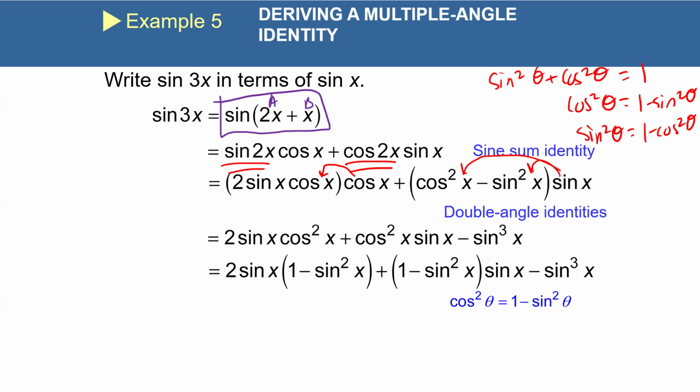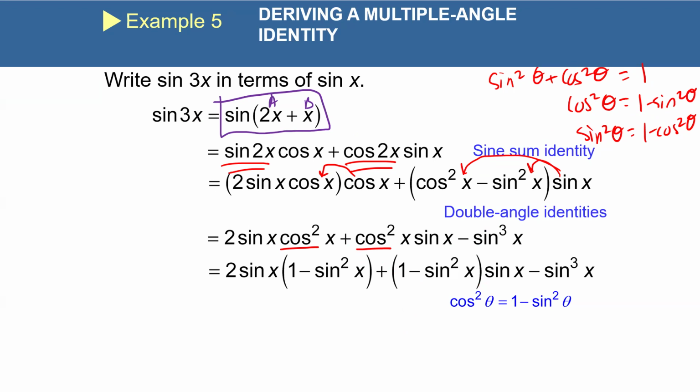Every Pythagorean identity has more identities that can be created from it, but isolating the trig functions is the main one. So everywhere there's a cosine squared theta, I can plug it in and make it into sine, because my goal is to get only sine. So I need to get rid of the cosine. Everywhere there's cosine squared, it becomes 1 minus sine squared.